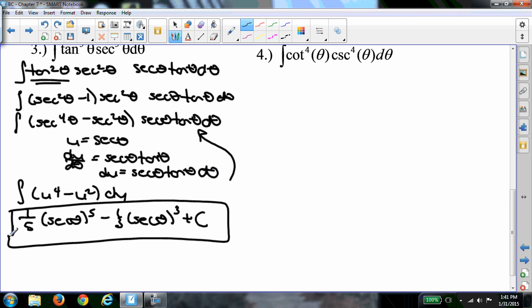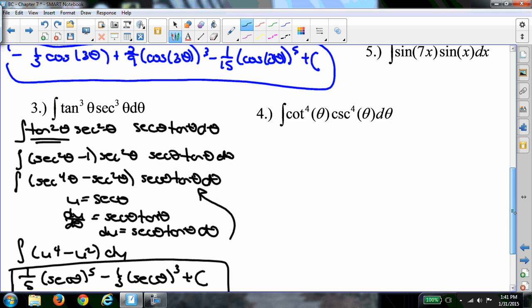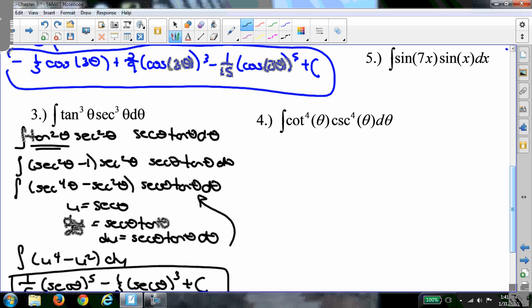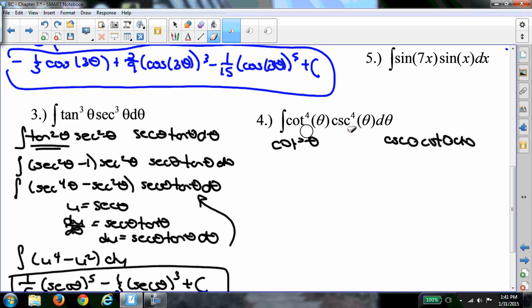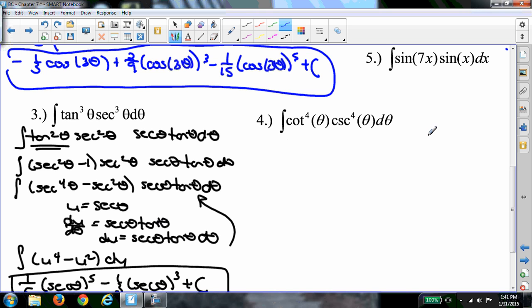Over here, we're going to do something with cotangents and cosecant squareds. So notice if I take out a cosecant theta, cotangent theta, d theta, I'm left with a cotangent cubed theta, which is hard to rewrite into cosecants because it's not an even power. So instead, we'll set aside a cosecant squared theta, d theta, and the remaining integrand I have cotangent to the fourth theta.